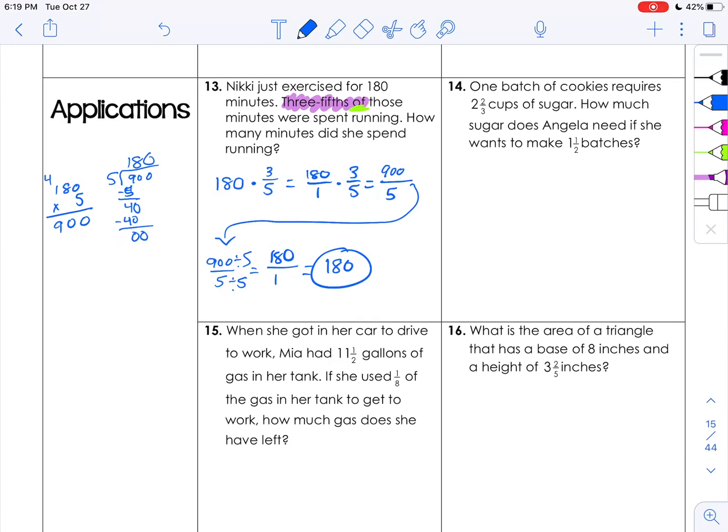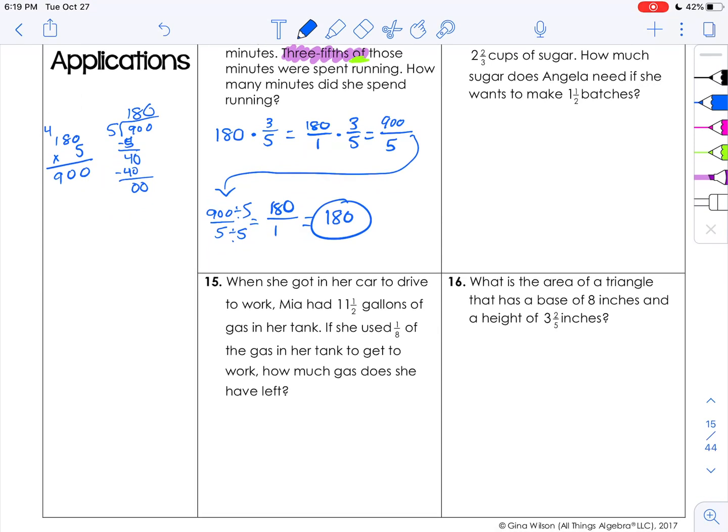So first, you would need to multiply 11.5 times 1/8. That's going to tell you how much gas she used. Then you are going to subtract 11.5 minus that answer you got in your first step. Remember, when you do this subtraction part, you need to make sure that you have a common denominator when subtracting.